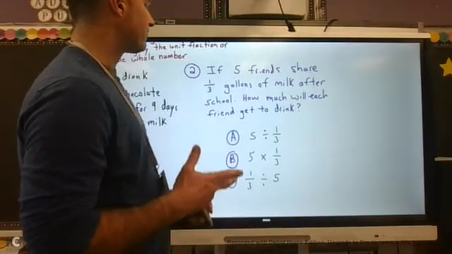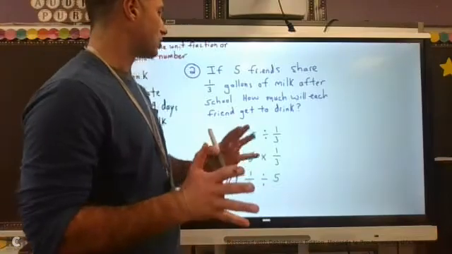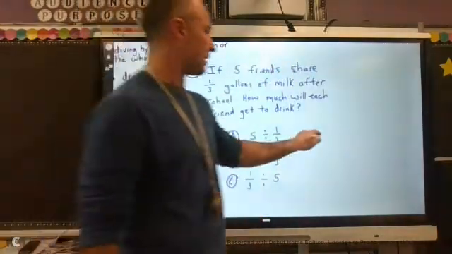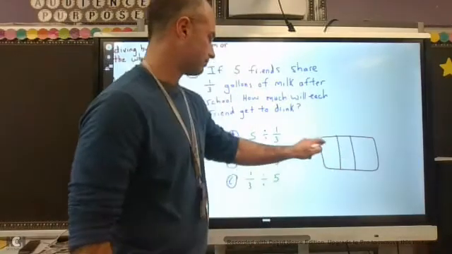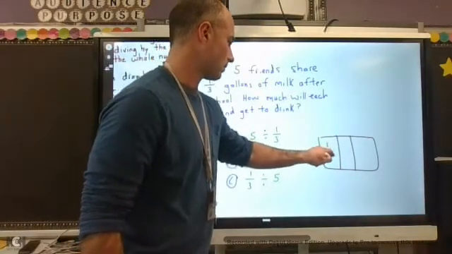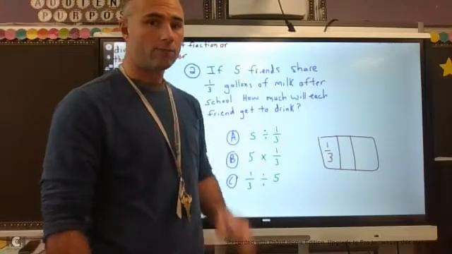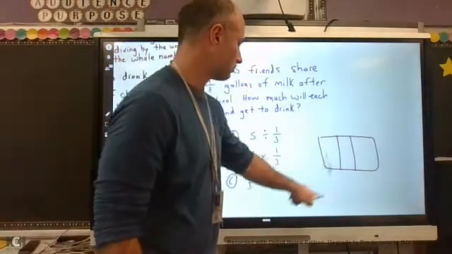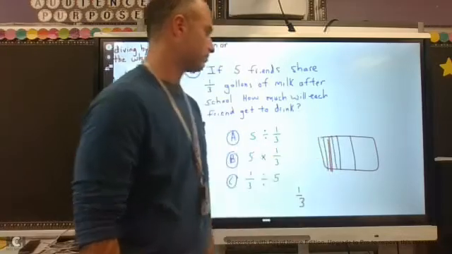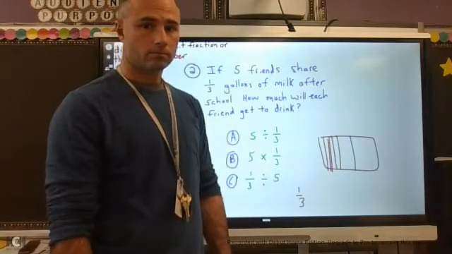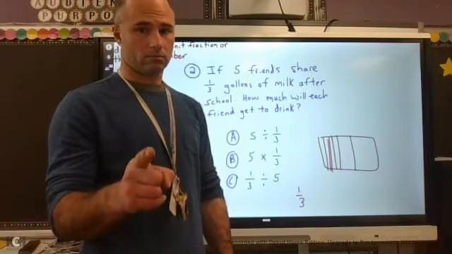So I have 5 friends, but each of them is sharing 1/3 gallon. So I'm going to draw 1/3 of a gallon of milk, but they're all sharing that 1/3. So what's happening here? I am dividing.